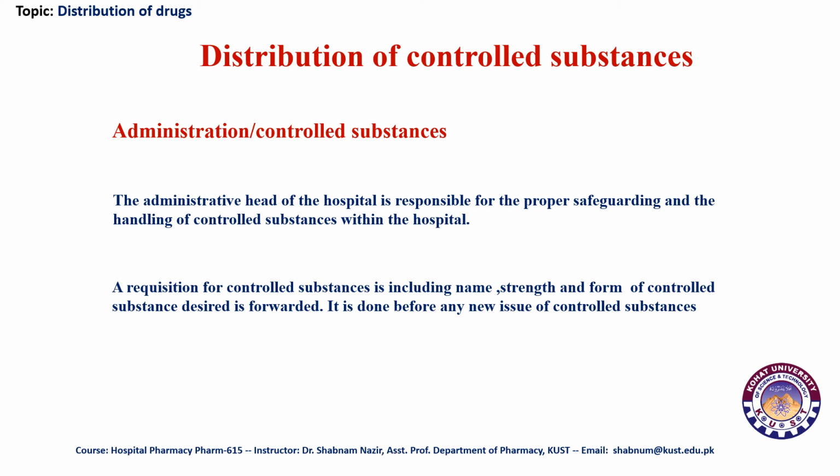There is a format for issuing controlled substances by the pharmacy. Usually, first of all, a requisition is made for controlled substances. It is never that the pharmacy supplies controlled substances to the wards, the patients directly, or the nursing stations.